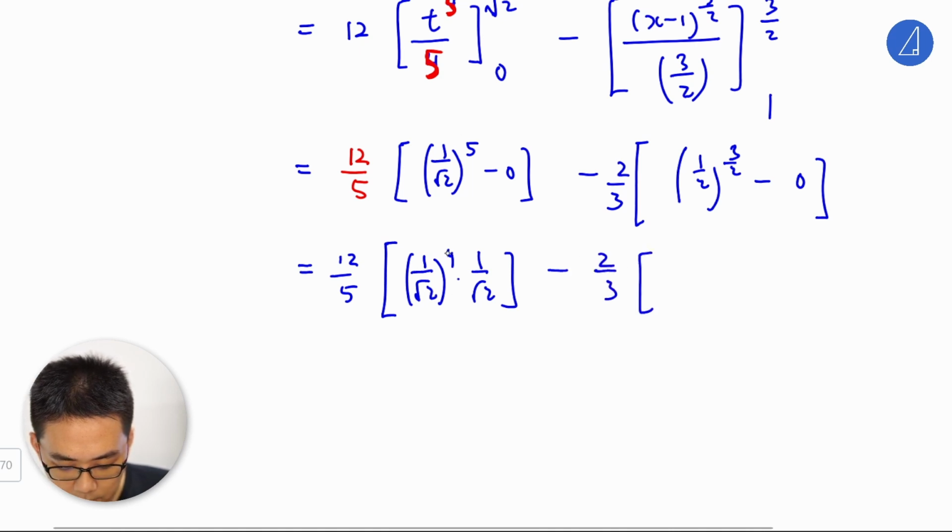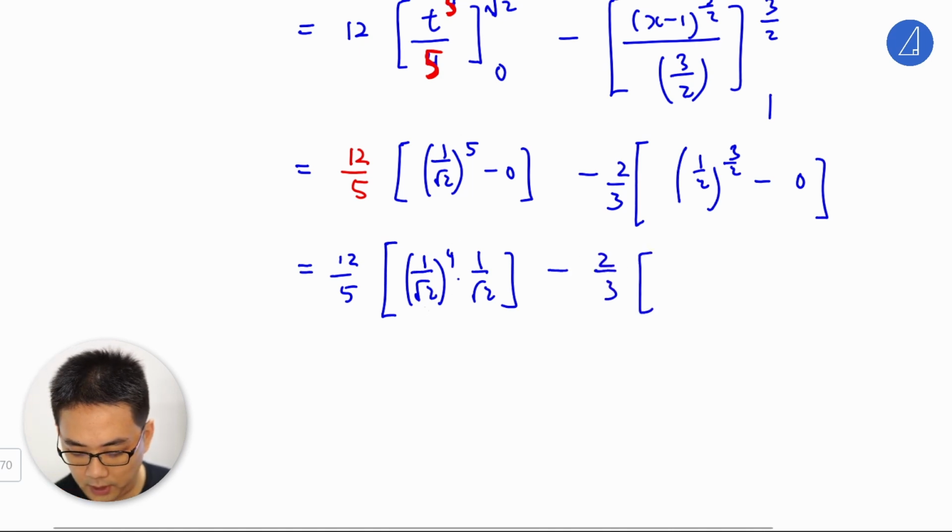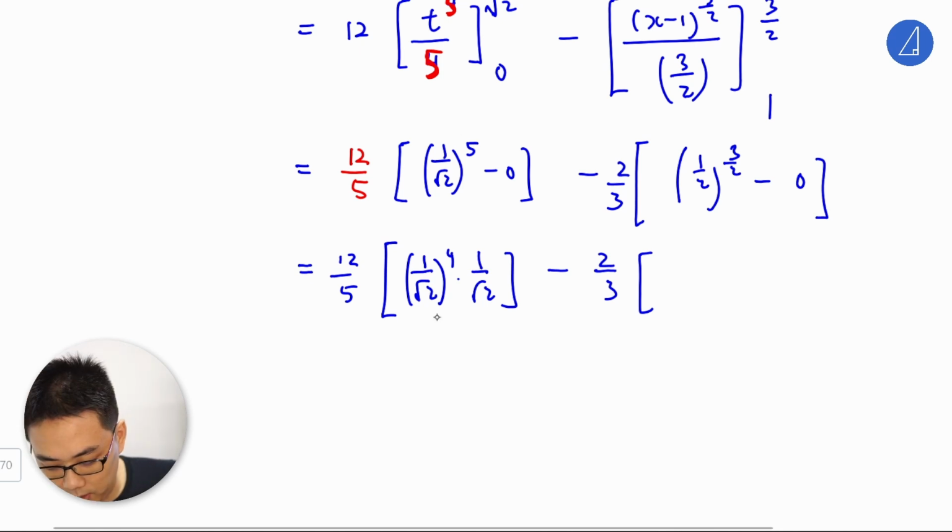So you just split it to a power of 4, then this is 1/4. Then this same thing, I'm going to split it to the power of 1.